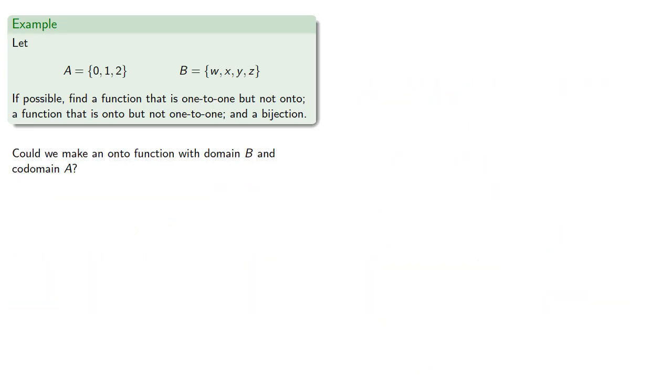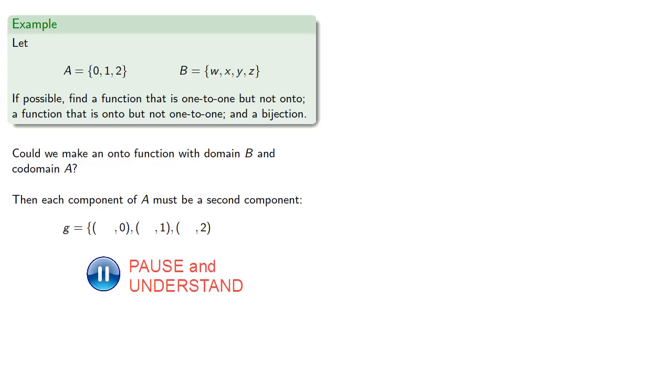Could we make an onto function with domain B and codomain A? Then each component of A must be a second component. So we know what our second components are, 0, 1, and 2. And to be a function, I just need to make sure I select different first components.